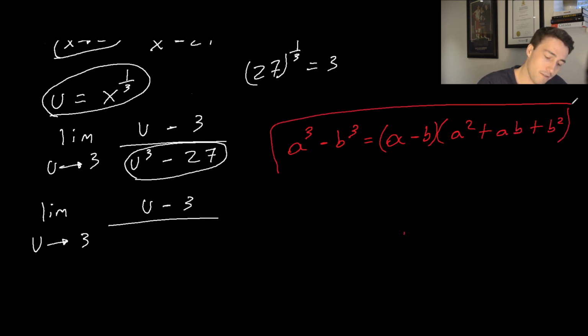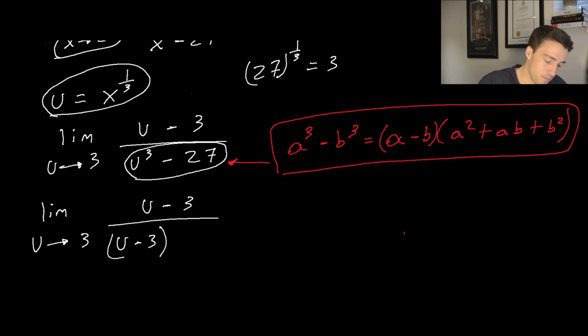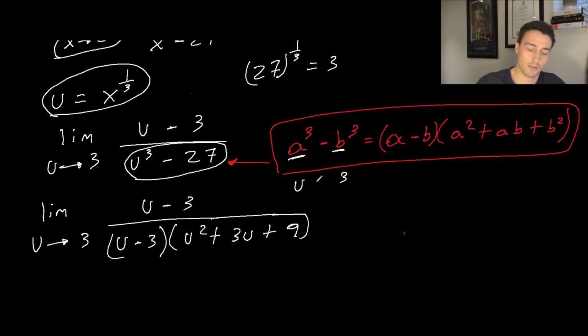So I'm going to use this form and apply it here. So this will end up being u minus 3, and then u squared plus 3u plus 9, because in this case, our b term is 3, and our a term is u. So we just plug that in wherever we see it.